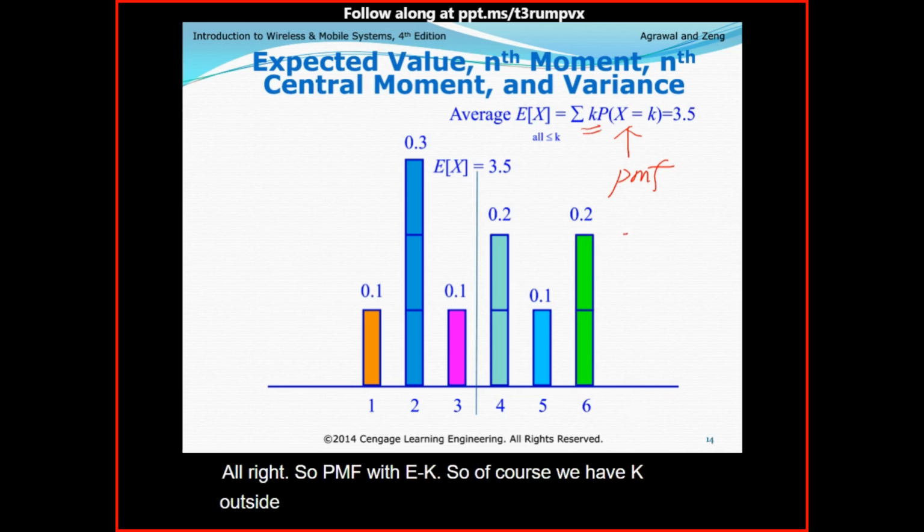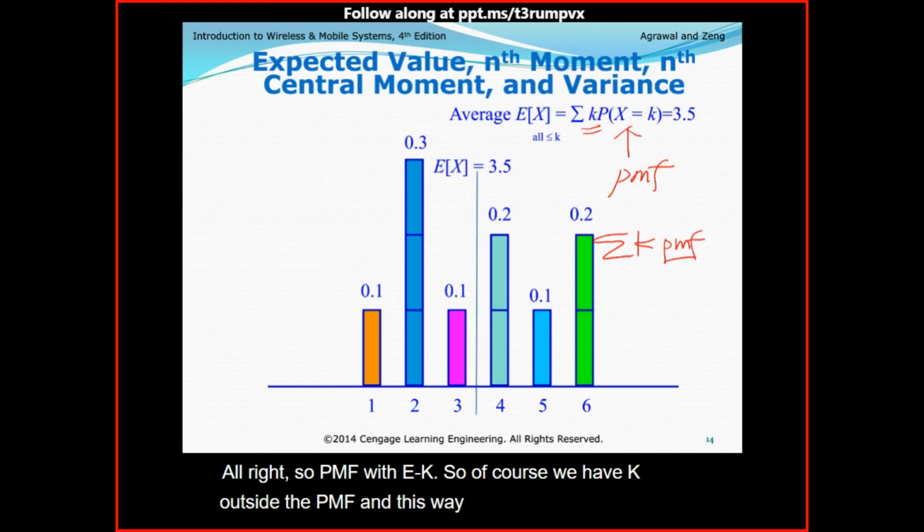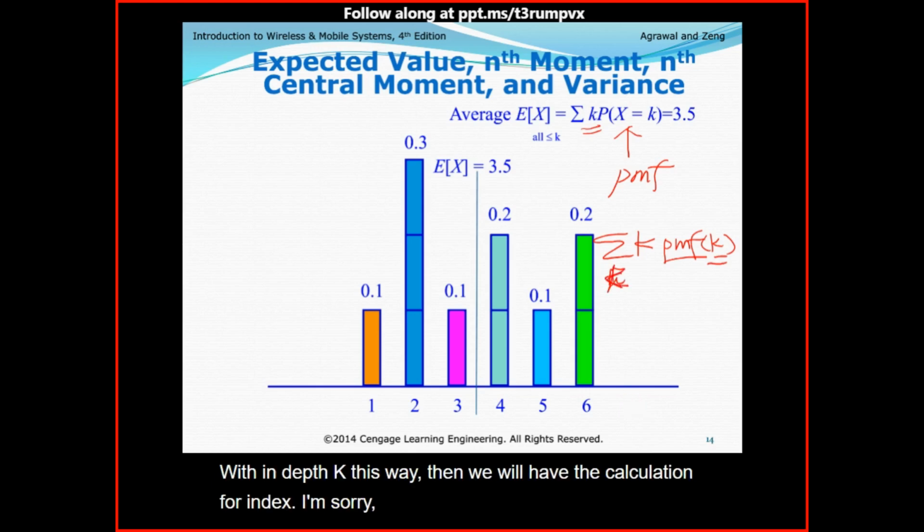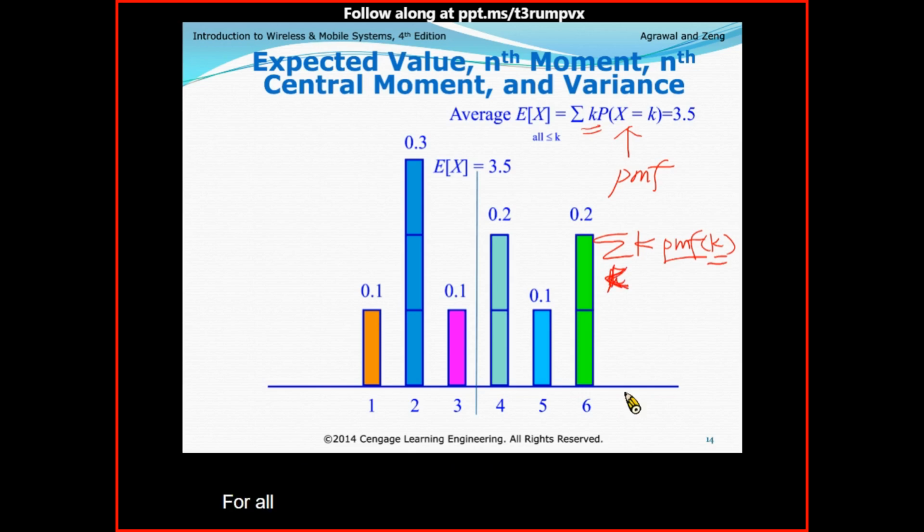And this way, K and PMF with index K. This way, then we will have the calculation for index K for all values of index K. And this way, we'll have the expected value. Well, if we have the expected value, you can have the calculation.